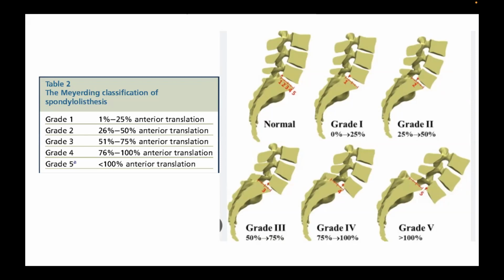Grade 2 involves 25 to 50 percent. Grade 3 is 50 to 75 percent, and grade 4 is 75 to 100 percent. Grade 5 is complete anterior translation of the L5 vertebra, which is called spondyloptosis.